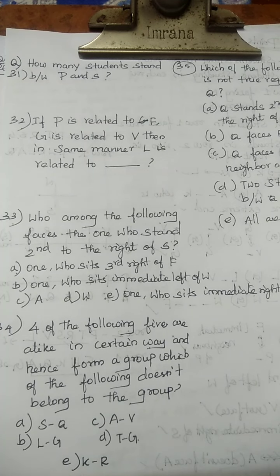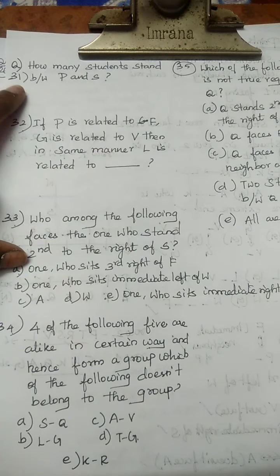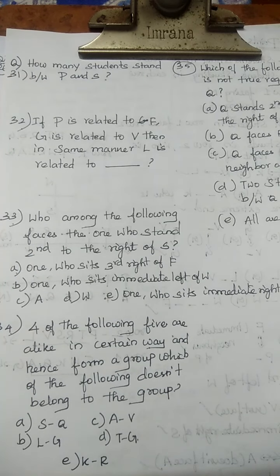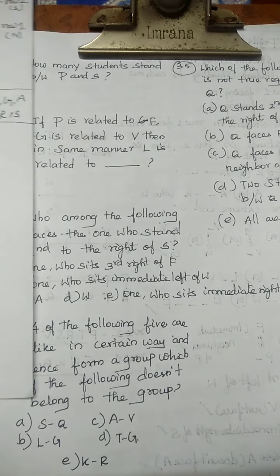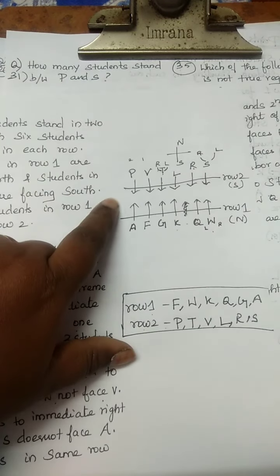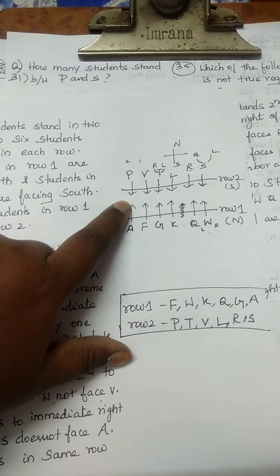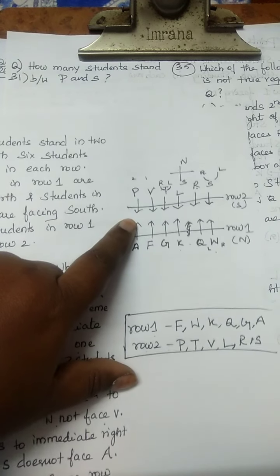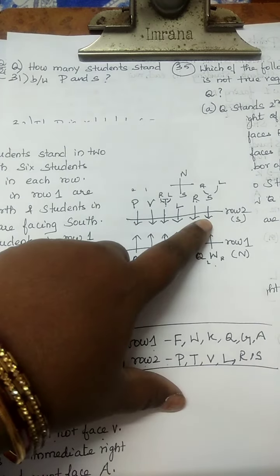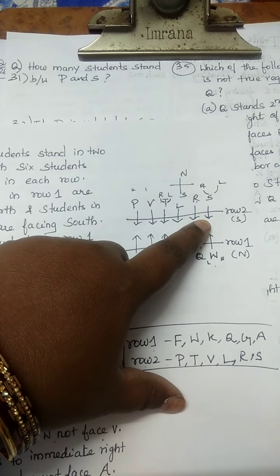Okay. See, this is our 31st question. How many students stand between P and S? See here, yesterday we calculated the sitting position of row 1, row 2. Where is P? P is in row 2. And where is S? S is also in row 2.